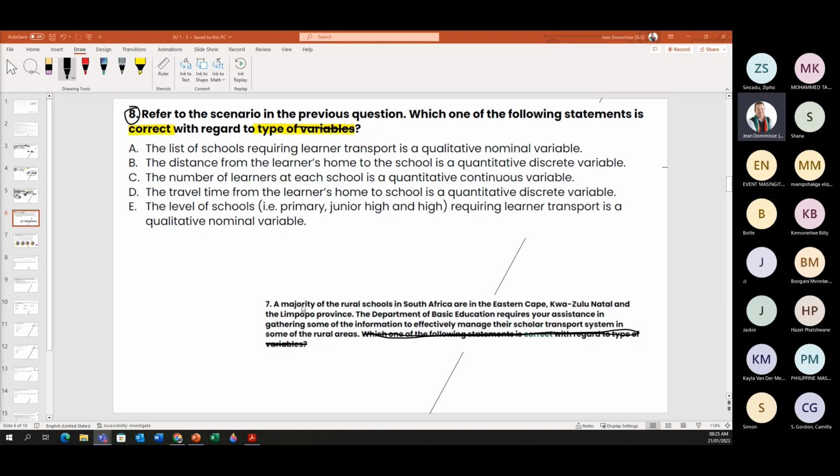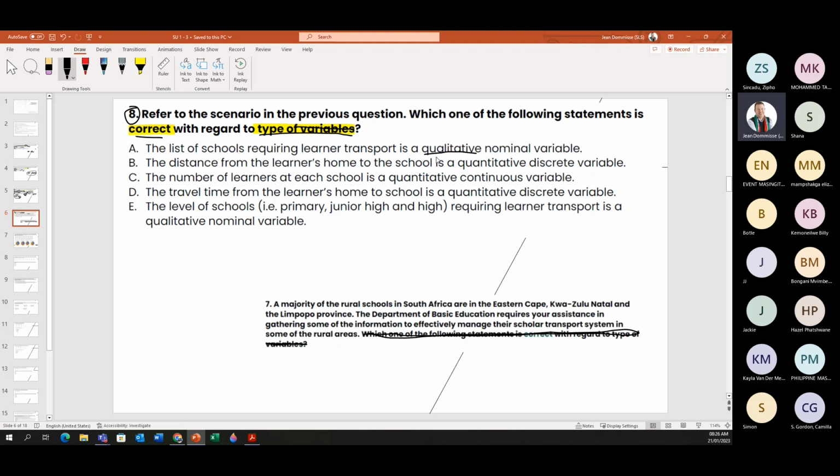Okay, so looking at that, which of the following statements is correct with regard to type of variable. Okay, so the list of schools requiring learner transport is a qualitative nominal variable.